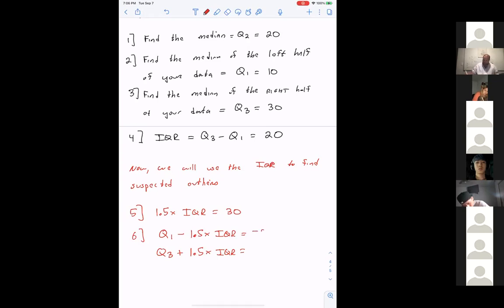Negative 20. And what is Q3 plus 1.5 IQRs? Q3 was 30, so 60. Step 7: any data points beyond these numbers is considered an outlier.